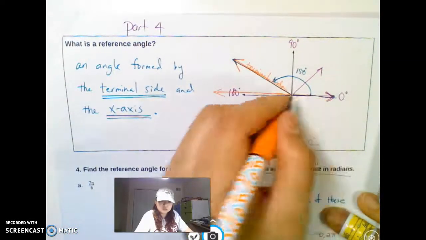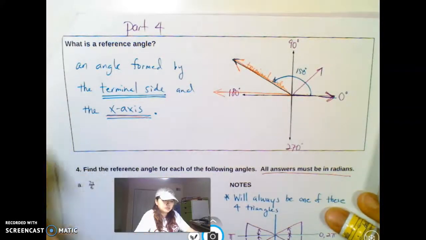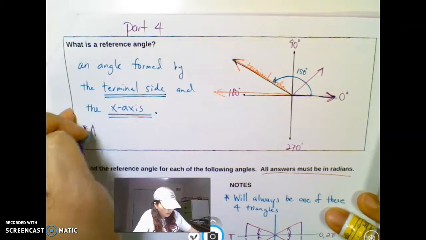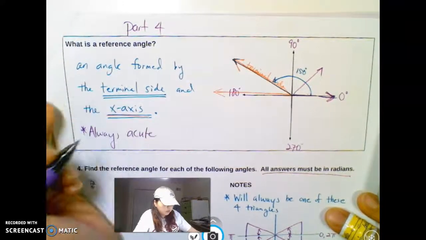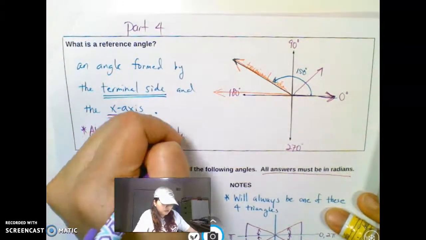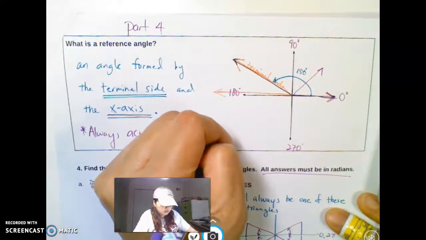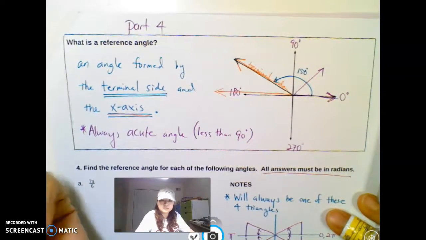Because if you use this one, then the reference angle is, actually, I should also write this for reference. Always acute. What's an acute angle? Less than 90, right? So a reference angle is always an acute angle, which means it's less than 90 degrees.